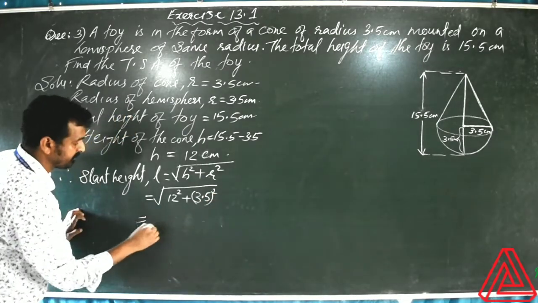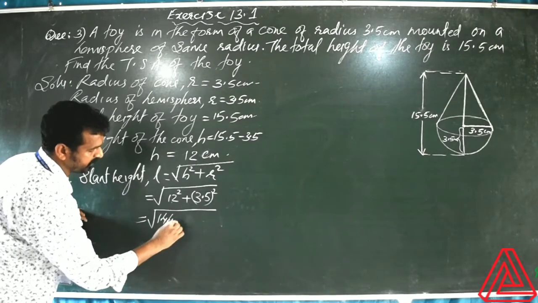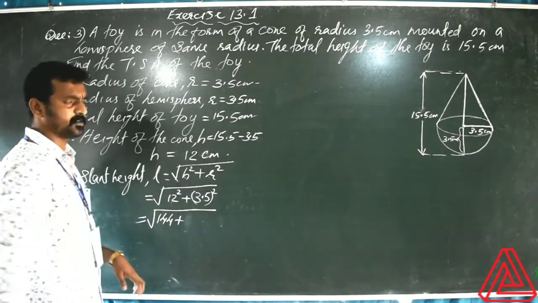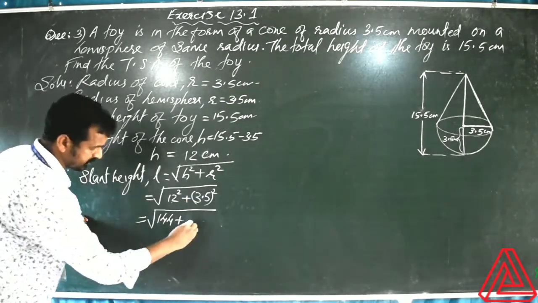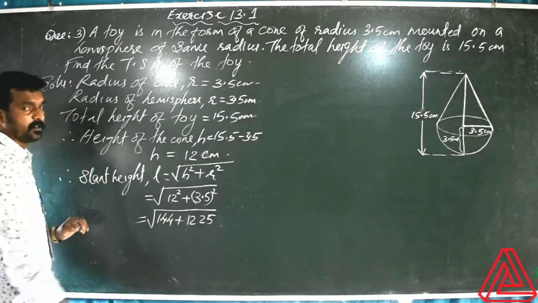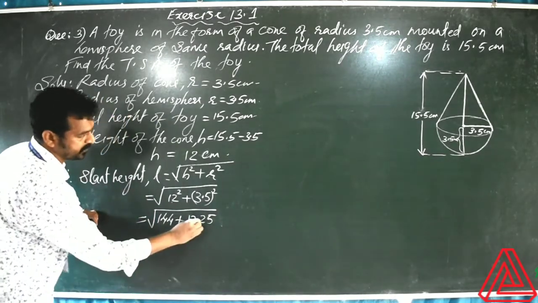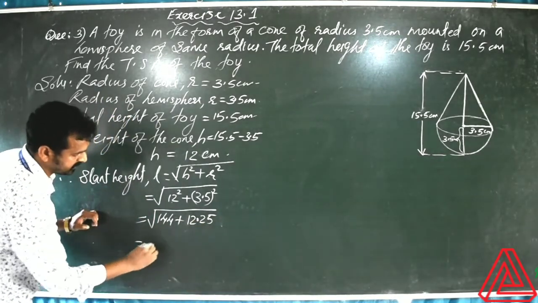That is square root of 12 into 12, that is 144, plus 35 into 35, which is 1225. 3.5 into 3.5 has 2 decimal points, so 12.25 will come.